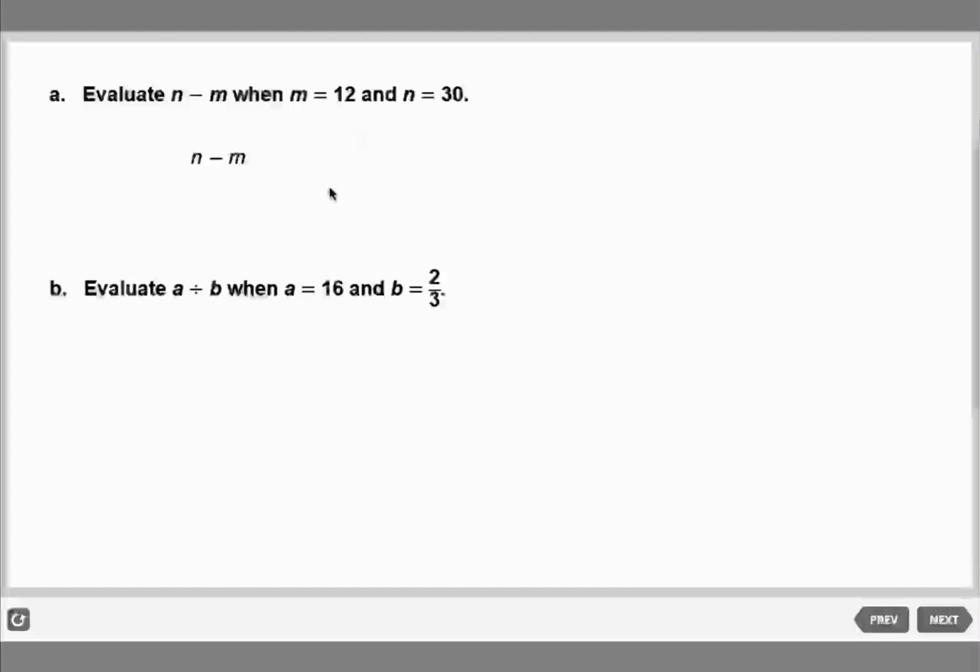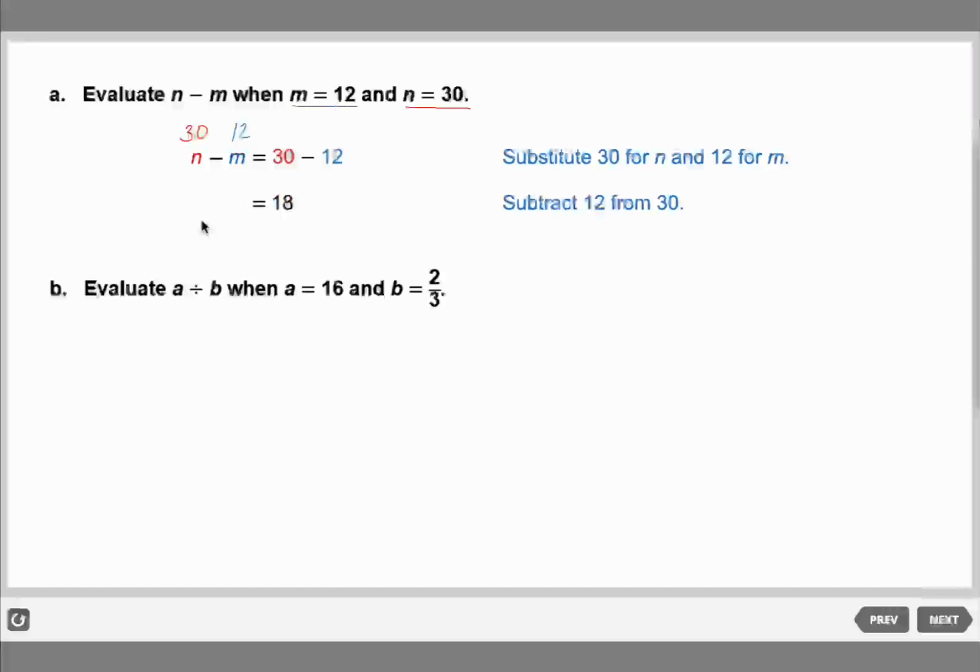Let's do it. n minus m equals 30 minus 12, and 30 minus 12 equals 18.